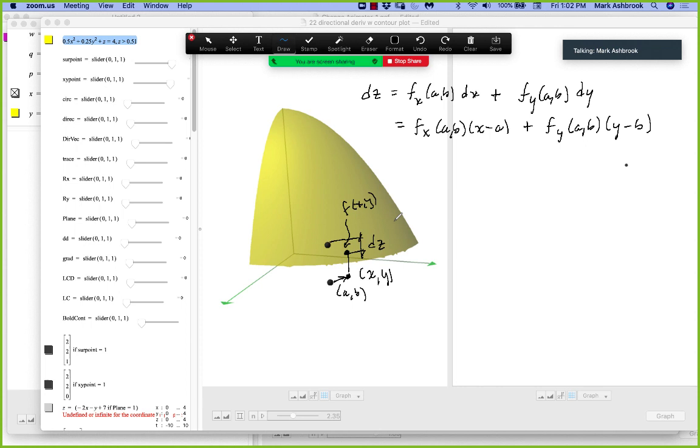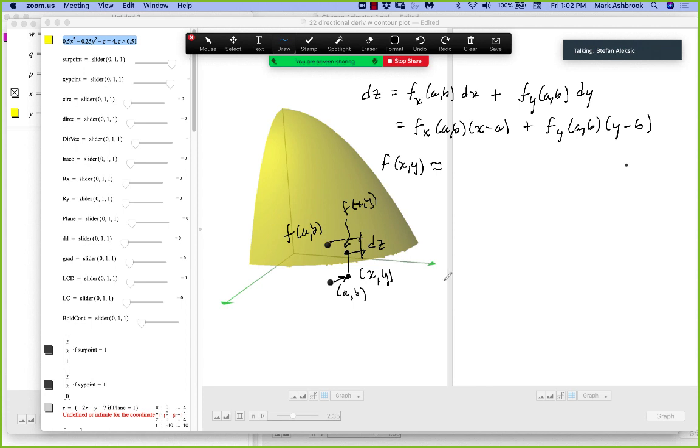What if we wanted to predict this new value of z? We have the original value of z, which is f of (a, b). We have the change in z, which is our differential. So how can we use those to predict the new z value at the (x, y) point a little bit away from (a, b)? What would we do?